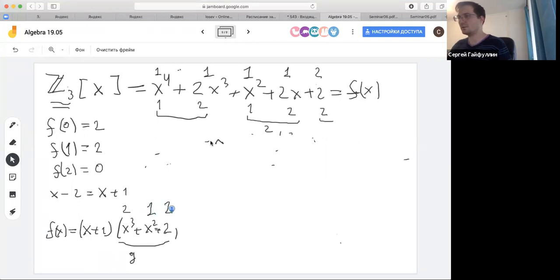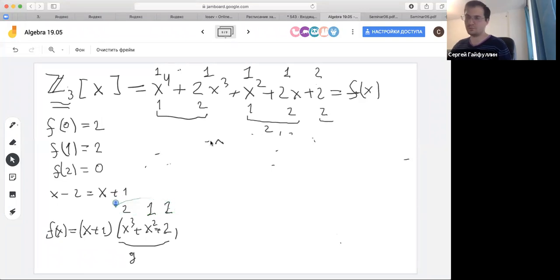And so we have 2, and this is not a root. And so this is the answer, because this polynomial G is irreducible, because there is no roots in G.